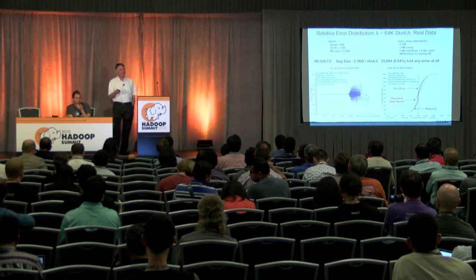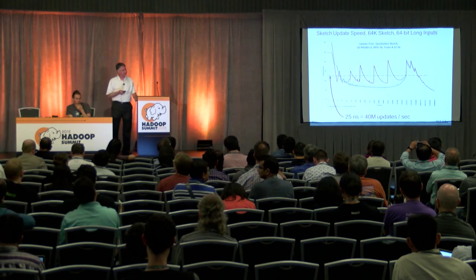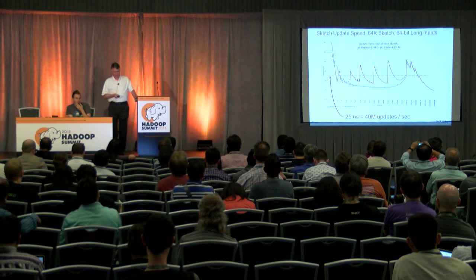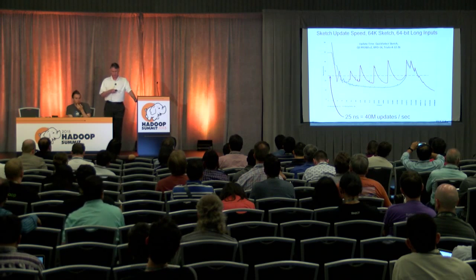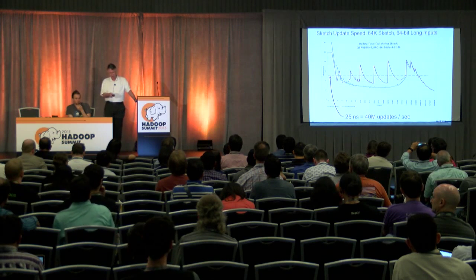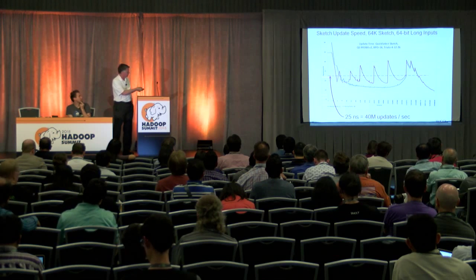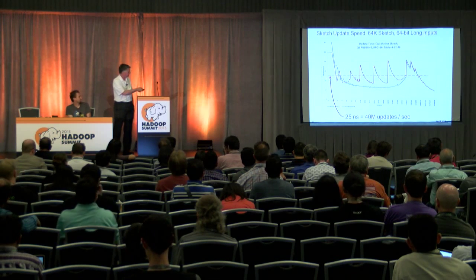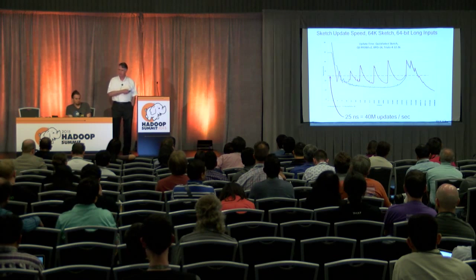How fast is this? Pretty fast. In updating items into this sketch, this middle line across here is about 25 nanoseconds, and that's 40 million updates per second, faster than most of the other processes you're probably using.